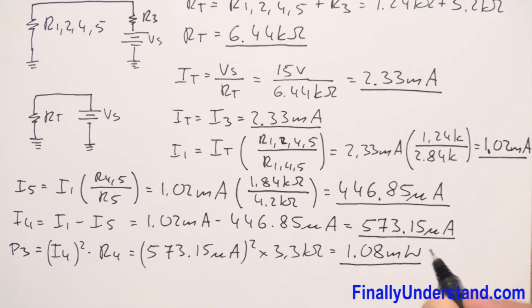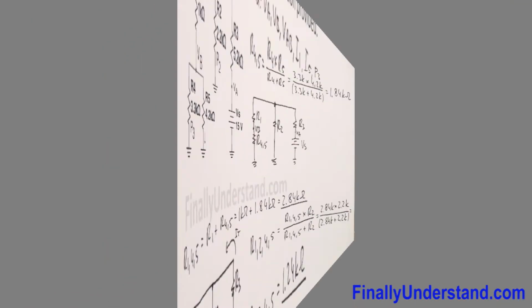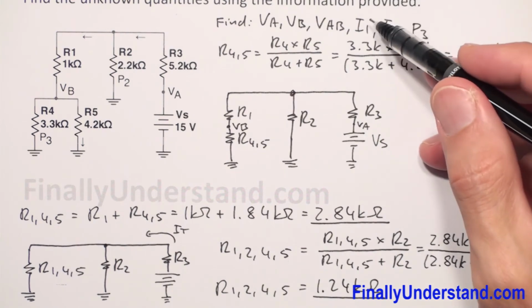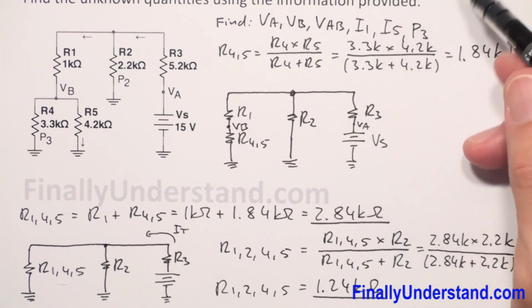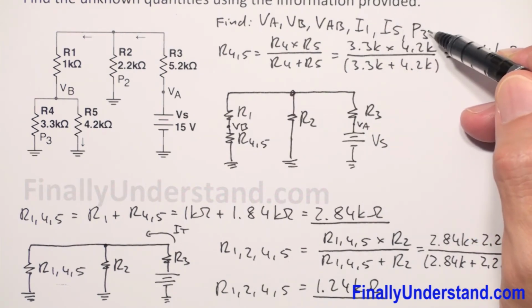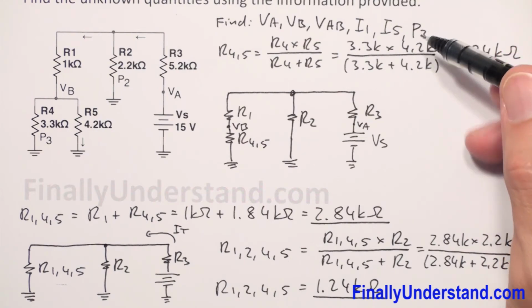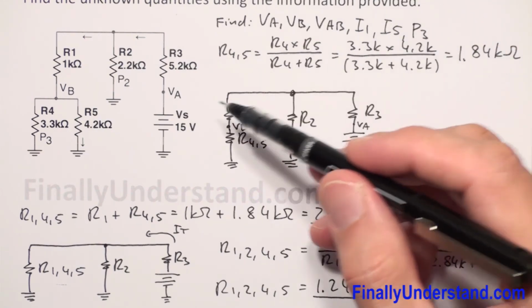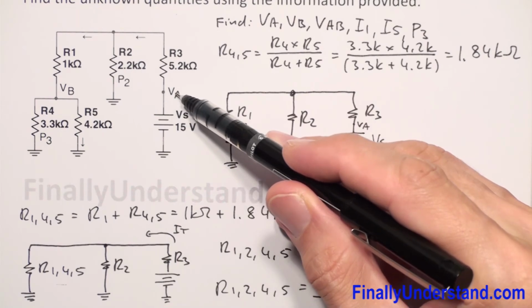Okay, so this is the power at resistor 4. So far we found current I1, we found I5, we found power P3. Next we're supposed to find the voltage at this point, VA.